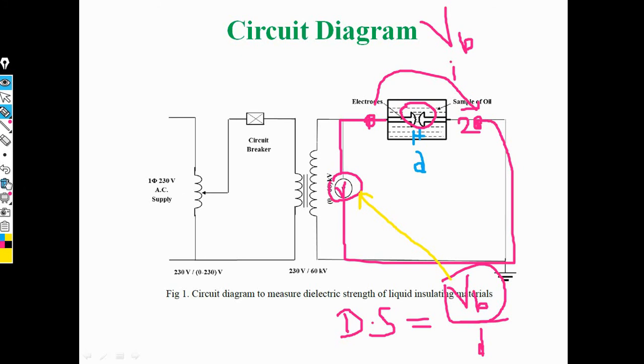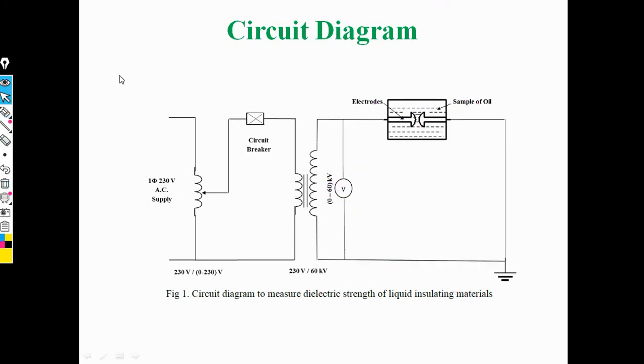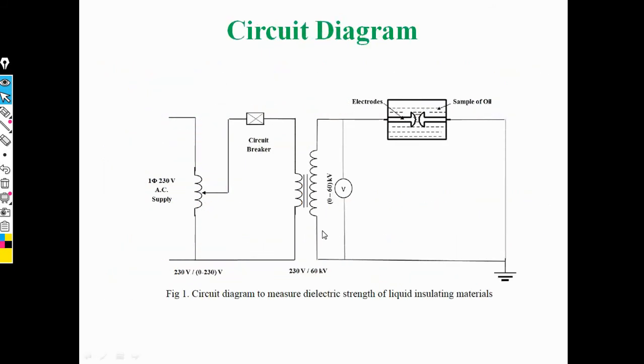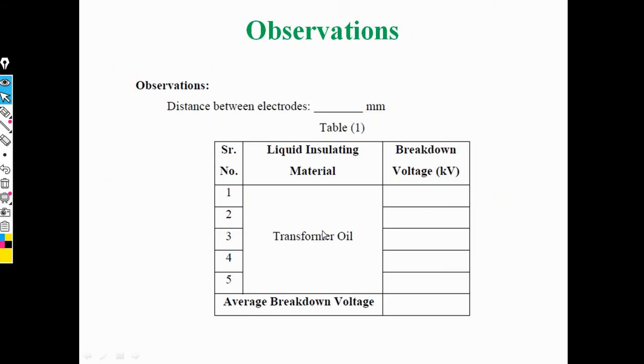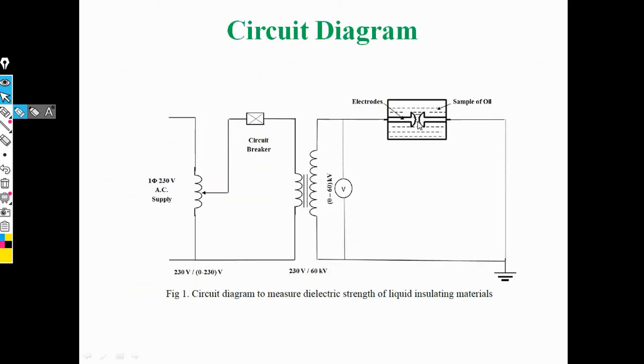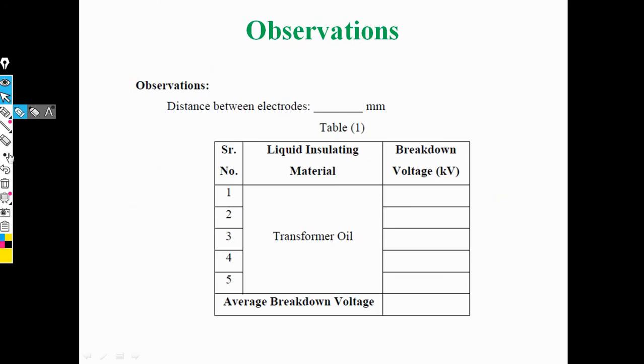Now we need the observation, and this is the procedure I have to explain. This is the observation table. For example, the distance between the two electrodes we have arranged is 2.5, and the symbol is small d.